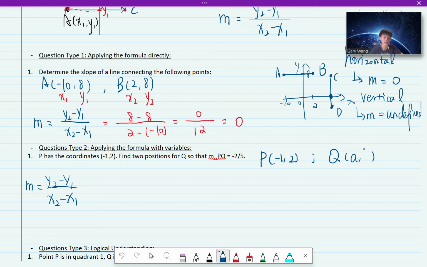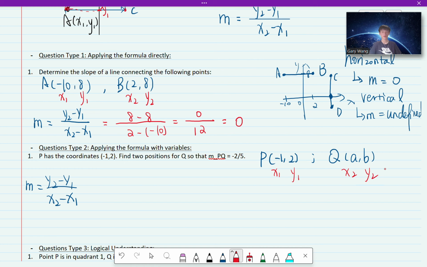So Q has the coordinates (A, B). And then we declare that P has x1, y1, and Q has x2, y2. Sorry, it's all messed up. So this is x1, y1, and x2, y2.